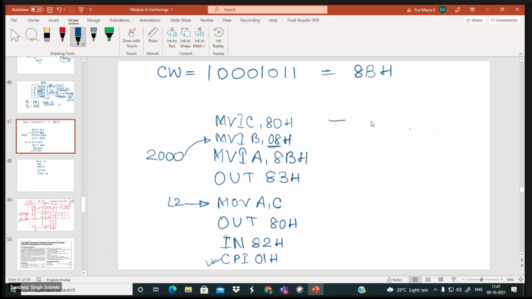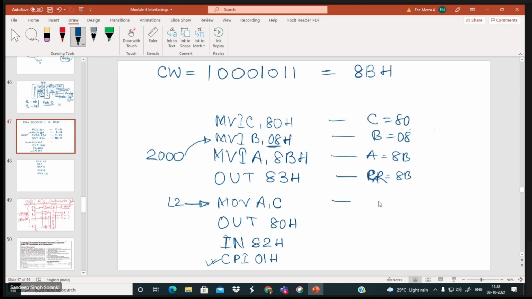Okay, you see here that C is containing 80, B is containing 08, A is having 8B. Then the control register is having 8B with this instruction.